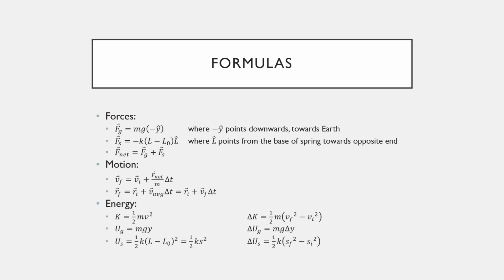Spring or elastic potential energy U sub S equals 1/2 k times L minus L naught squared, or 1/2 k times S squared, delta U sub S being 1/2 k times S final squared minus S initial squared. Total energy E is the sum of the aforementioned energies, and delta E is just the sum of the changes in these energies.